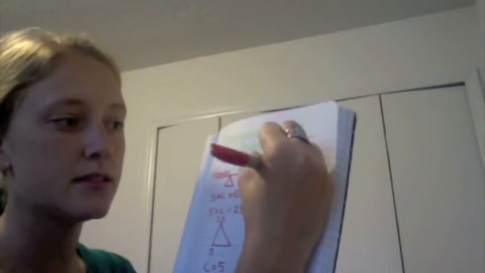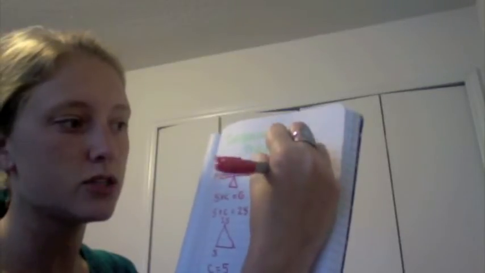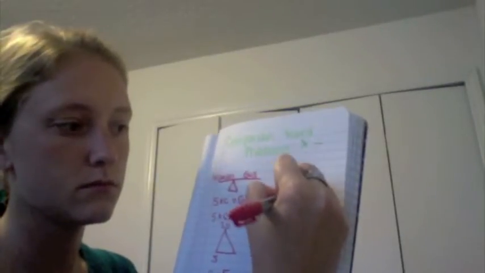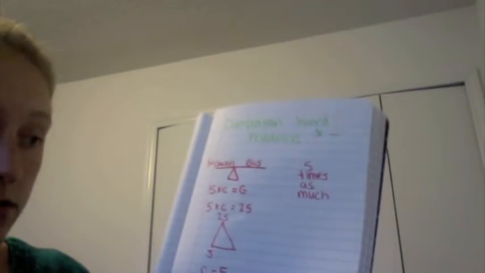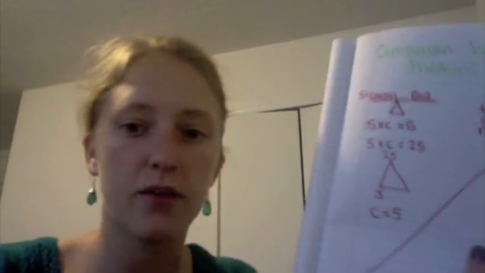The words that help us out for this is times, 5 times as much. Okay, 5 times as much lets me know that one of the sides needs to be multiplied. Okay, the tricky one, the one that you guys really need to focus on, because I think you figured out the times part, is what happens if it says, sorry, I can't get the paper on the screen.